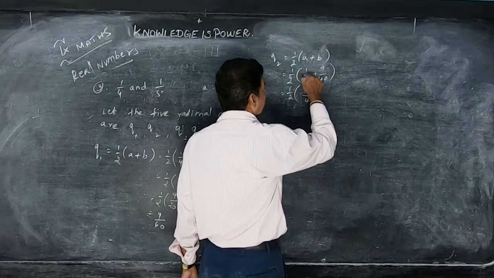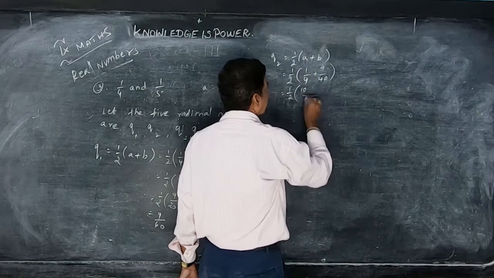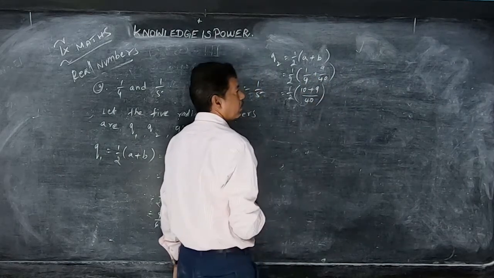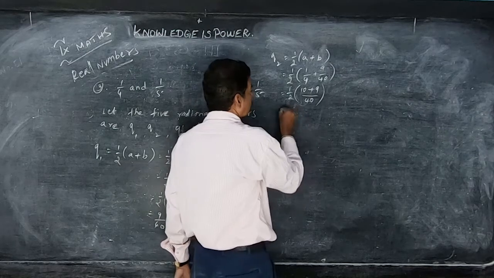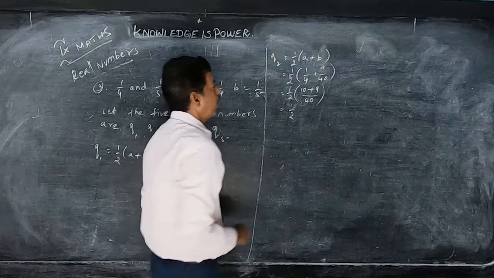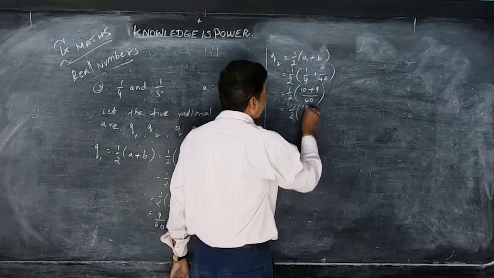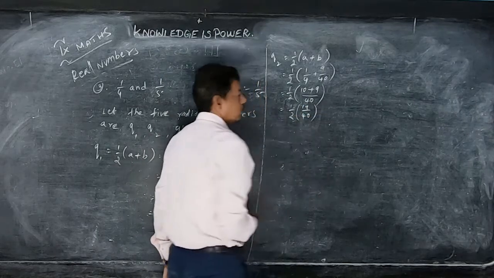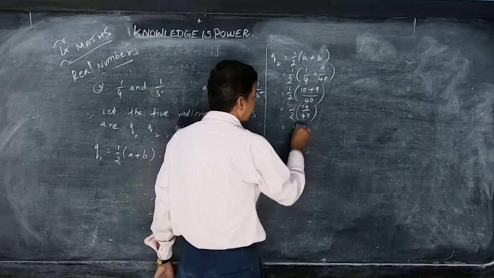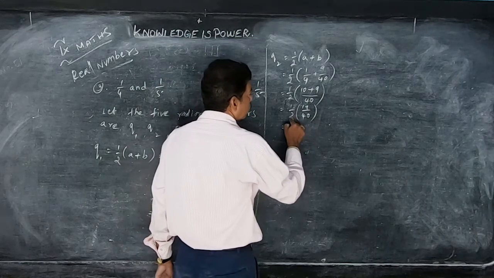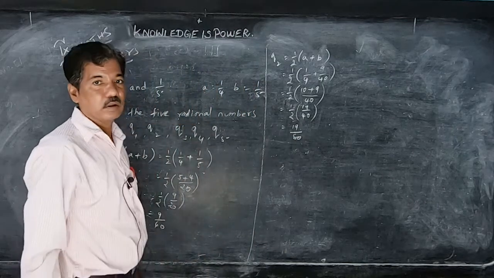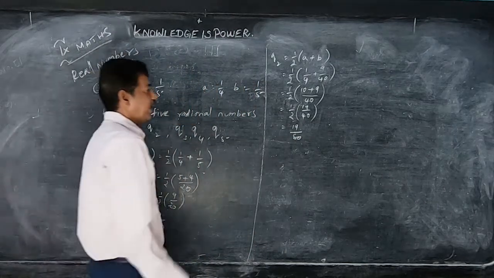This one we have to multiply 10 times, and this one is as usual 1 times 9. Can you understand that? Now 1 by 2 into 19 by 40. Don't get confused with it. 1 into 19 is 19, 2 into 40 is 80. So the second one is over.